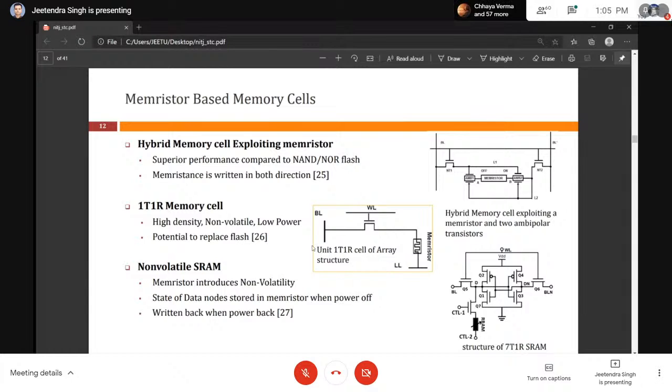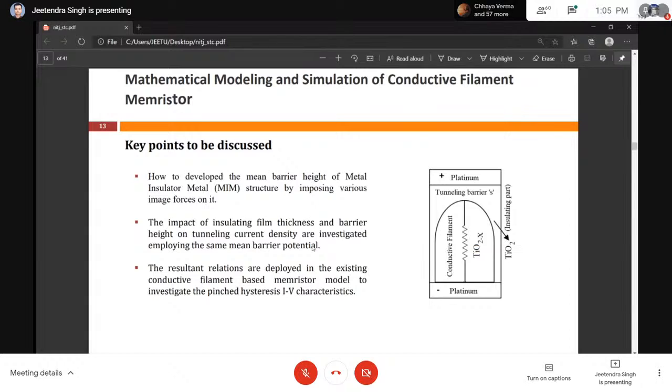So first of all, we come to the modeling part of this memristor. How can we model the memristor? And then the model of the memristor is applied to the circuit level.